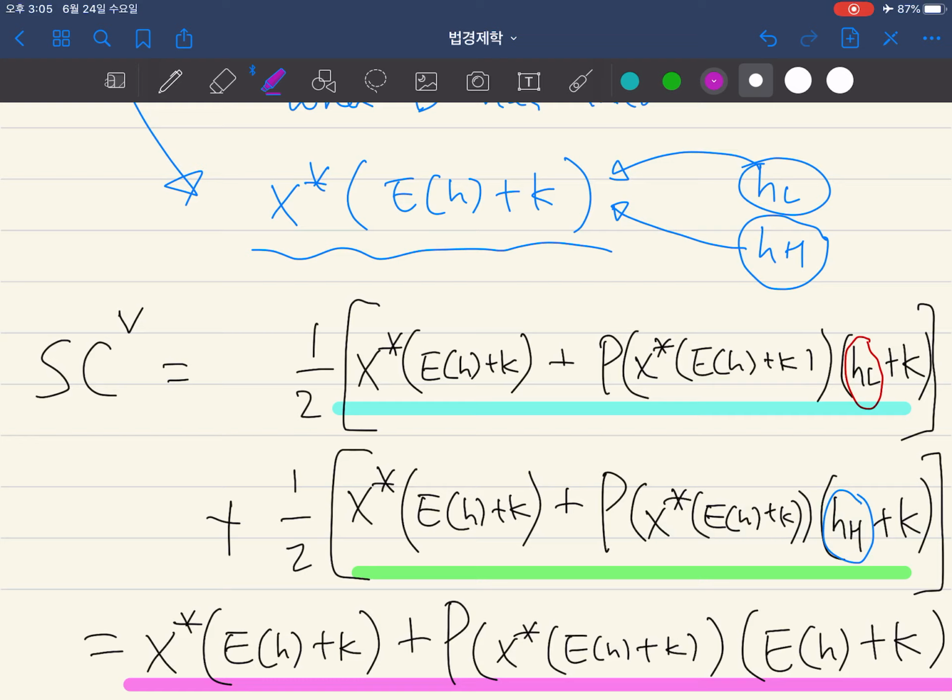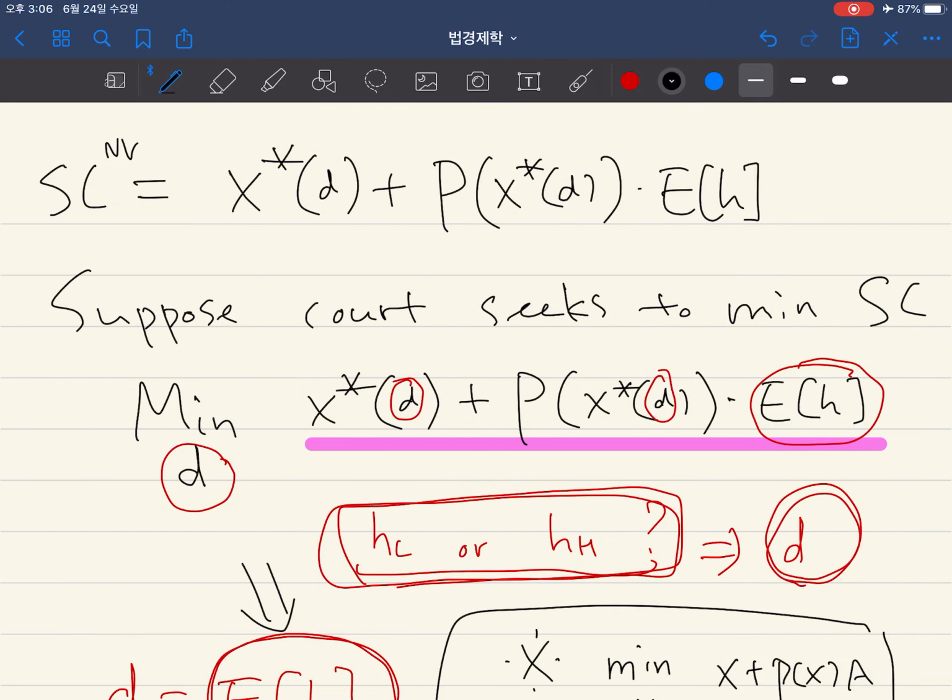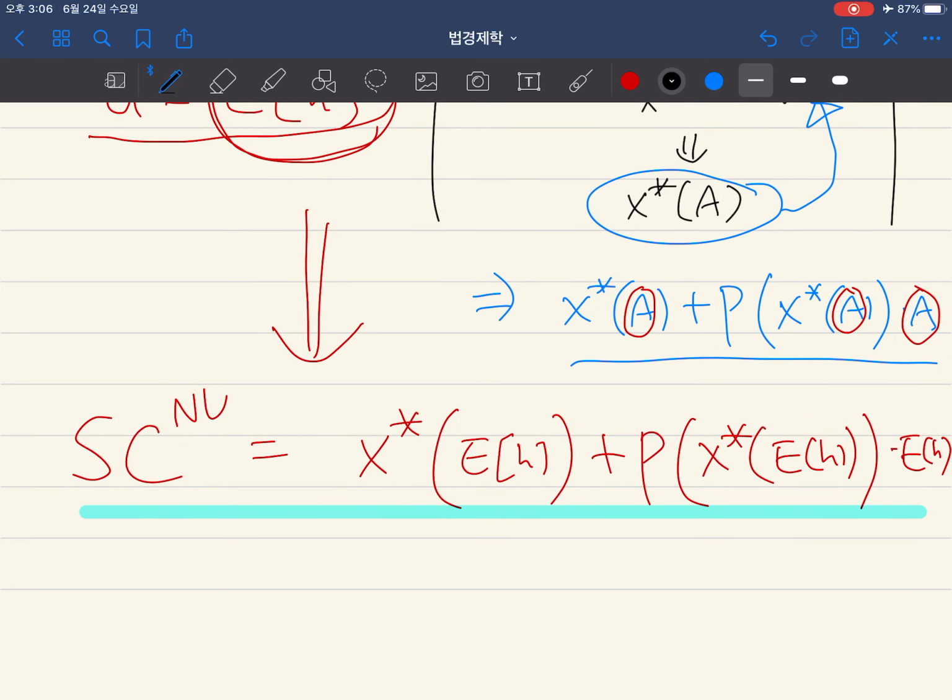So in other words, when court makes accurate decision following verification process, then our social cost is this purple expression. And if the court makes inaccurate decision and does not verify actual level of harm, then our social cost is this blue expression.